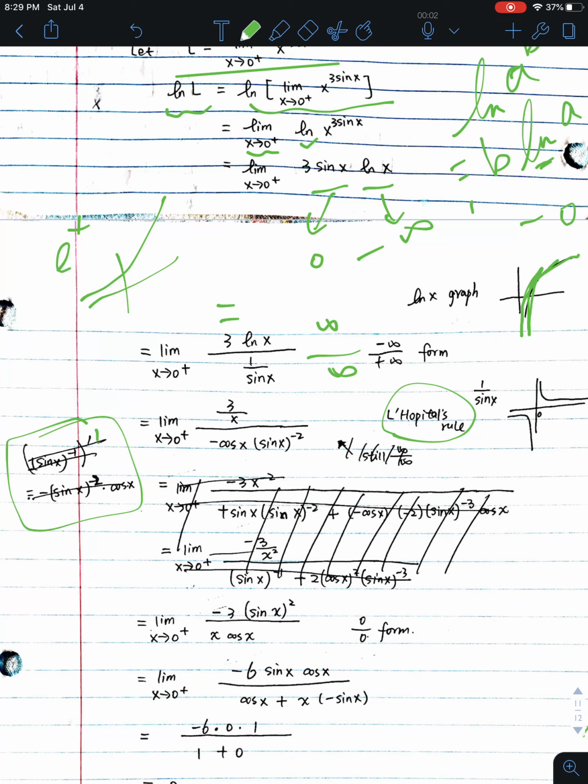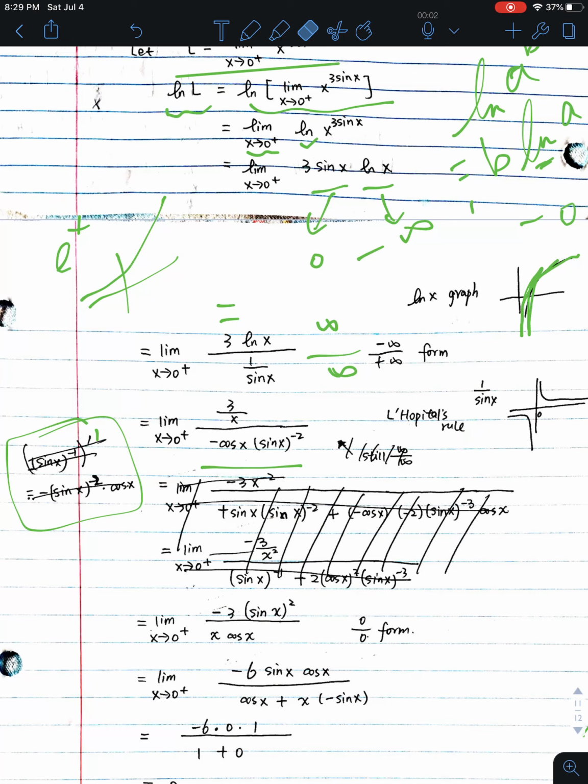So it's sine inverse, first derivative. That's negative sine x to the power negative 2. And by the chain rule, the derivative of sine x is cosine x. That's the numerator part. So now let's check what the limit is.